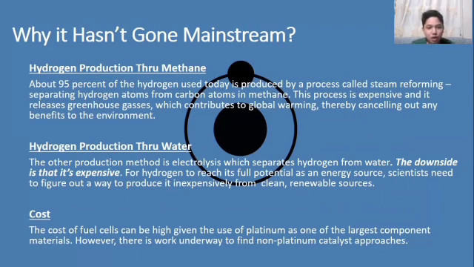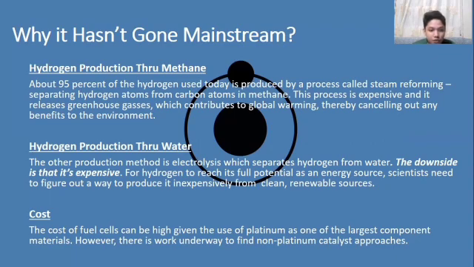Hydrogen production through water. The other production method is electrolysis, which separates hydrogen from water. The downside is that it's expensive. For hydrogen to reach its full potential as an energy source, scientists need to figure out a way to produce it inexpensively from clean, renewable sources.